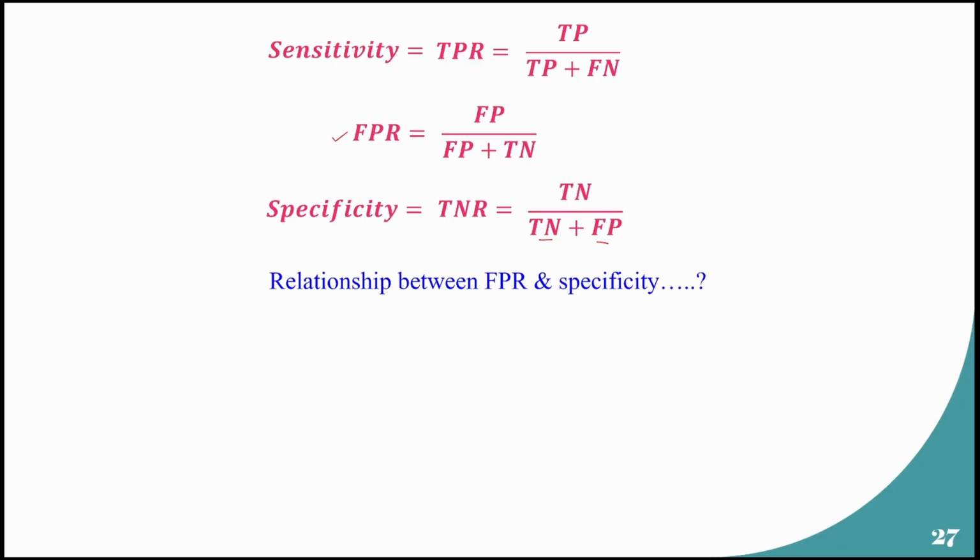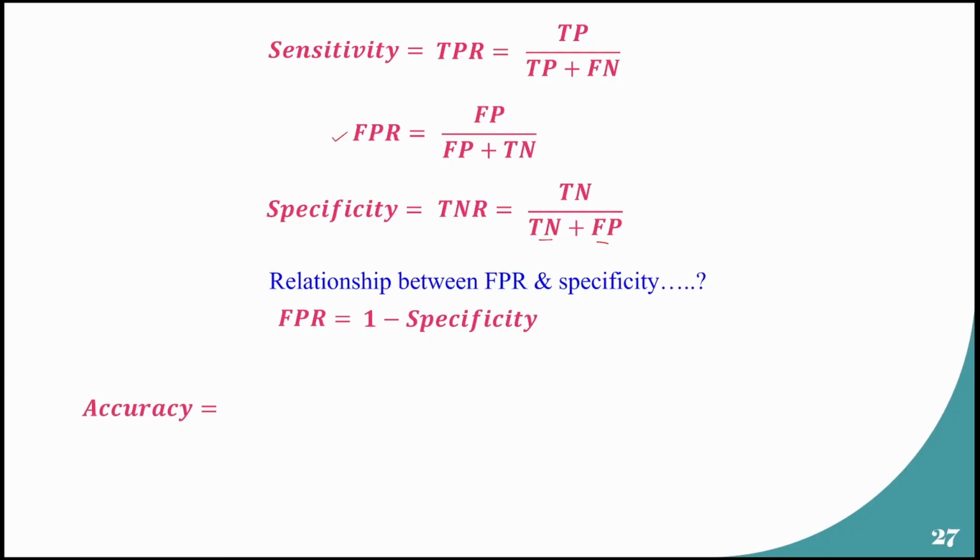What could that be? Sir, they are inverse and complementary, that is, false positive rate is equal to 1 minus specificity. Yes, particularly. In both of these cases, the denominator is the same, FP plus TN, false positive plus true negative. So false positive rate will be equal to 1 minus specificity. If you have the specificity, you can calculate the false positive rate and vice versa.